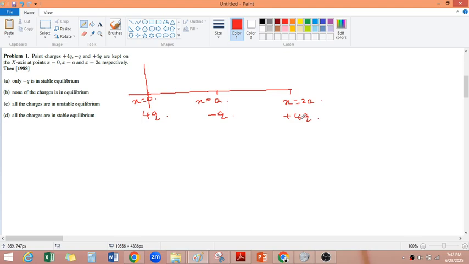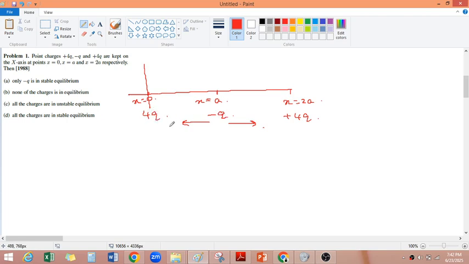Any idea? This and this will attract, which means both will cancel. So I can say that this is in equilibrium, right? So only minus q is in equilibrium. Maybe, I have to check other things also.